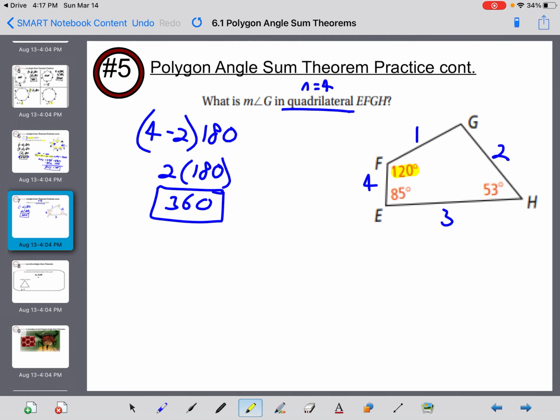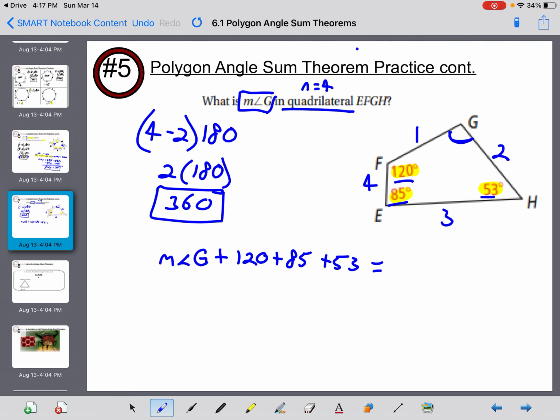So we have 120, 85, 53, and then the measure of angle G, which is right here, which we don't know. Okay, so the measure of angle G plus 120 plus 85 plus 53 is going to equal 360 degrees.